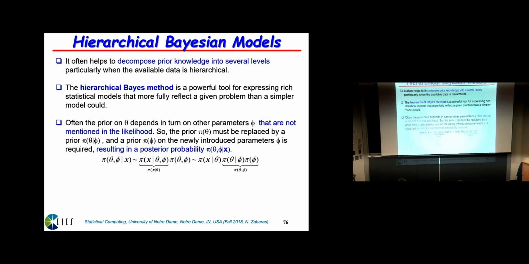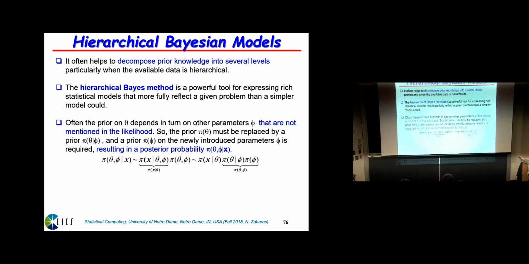So for example, if you assume that the prior is a Gaussian, then you don't know what the mean and the variance are. So you put some distribution on the mean, but that distribution is going to have its own parameters. And for those parameters, say you put a beta distribution, we have their own parameters alpha and beta. And you keep going like that. So in this case, we have parameters theta, and then theta depends on phi, so a hierarchical model looks like that.